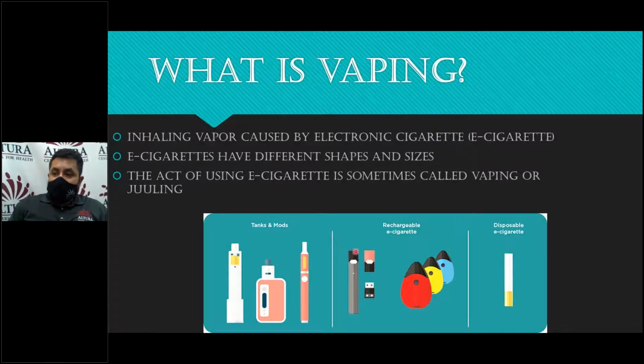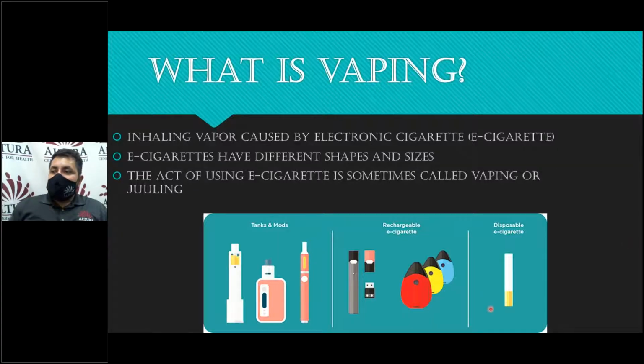But these ones are shaped more like a USB device, like a memory stick, so it's really hard to tell the difference between the memory stick and the e-cigarette if you don't know the difference. These are a little bit smaller as well, so they fit better and are more convenient for the user. Because they're small, they just slide right into your pocket.